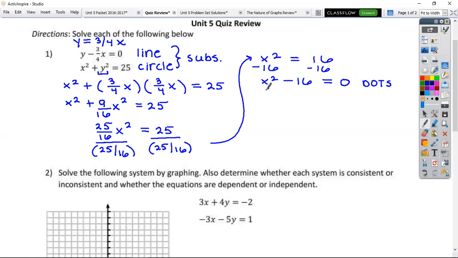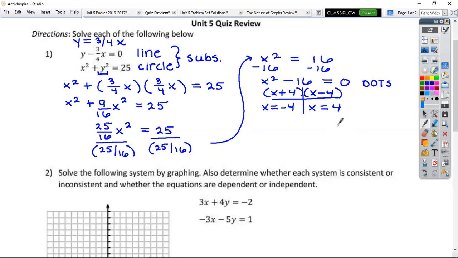Multiplies to the 16, so this is x plus 4, x minus 4. And then I t-chart and solve. So my solutions will occur at, flip your signs, x equals -4 and, yep, x equals 4, very good.